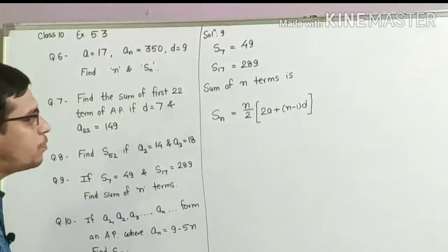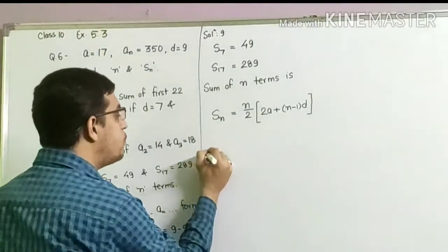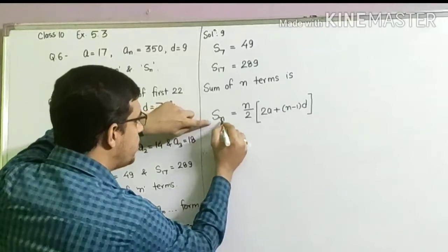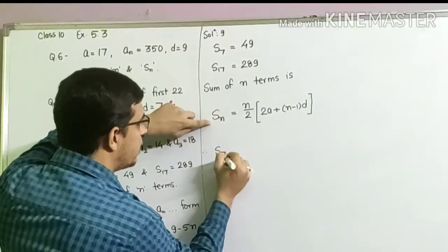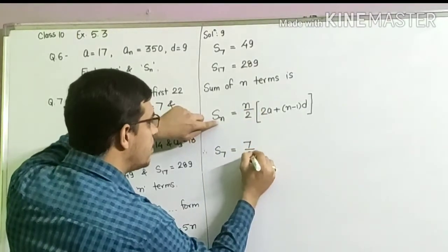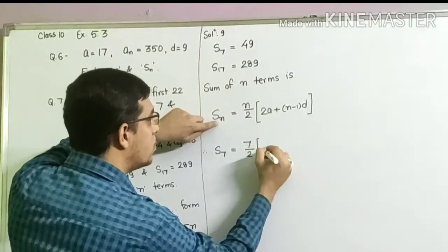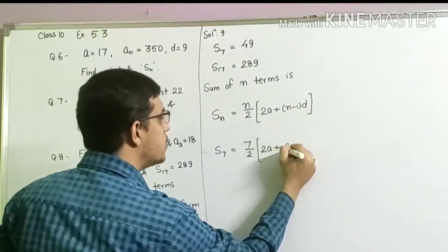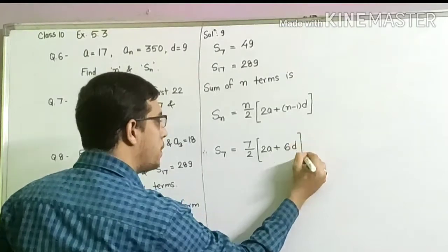This is our formula. Therefore first it is given as 7. So if I put 7 here, in place of n I am writing 7, then this will be 7 by 2 into 2a plus 7 minus 1, which is 6d.